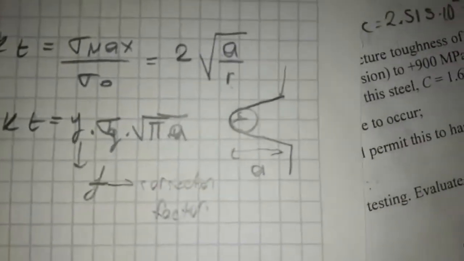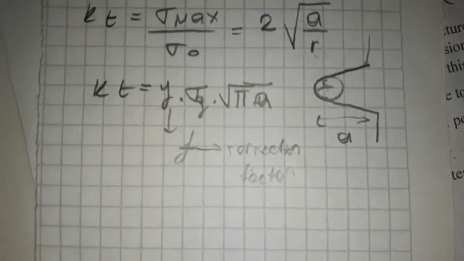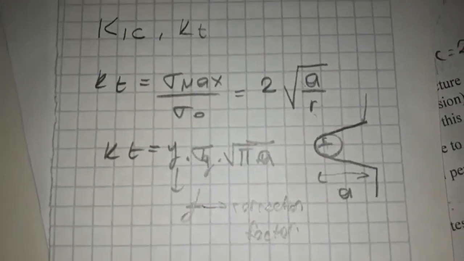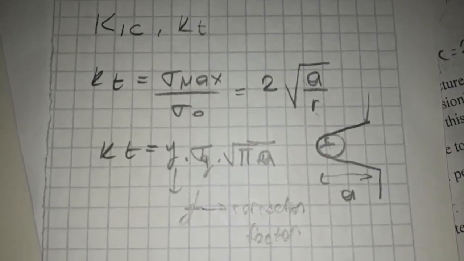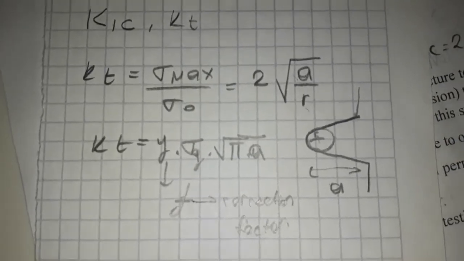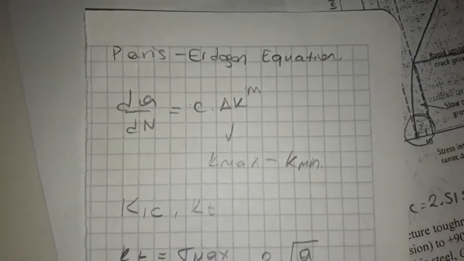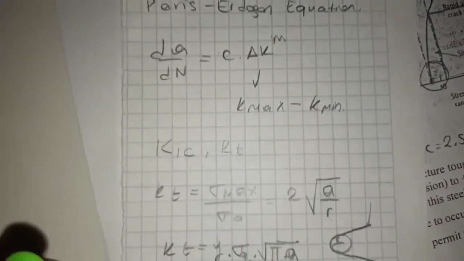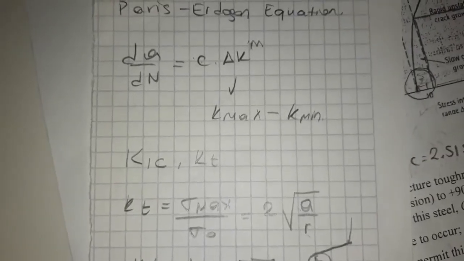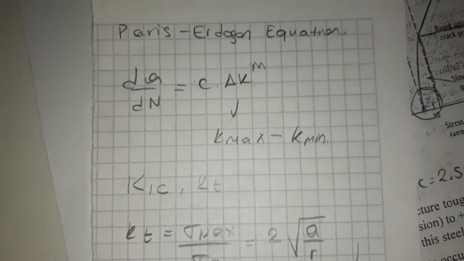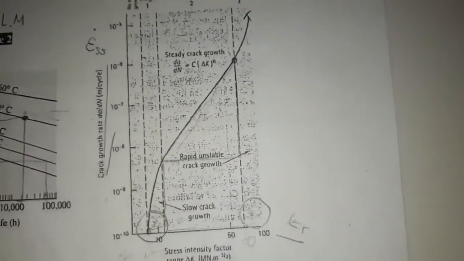A, as I said, is crack length, K is the stress concentration factor, and KIC, fracture toughness, is a specific value of the stress concentration factor. Okay, so we know what those K's are. And dA over dN is called the growth rate. In creep graphs, this is an example of it.